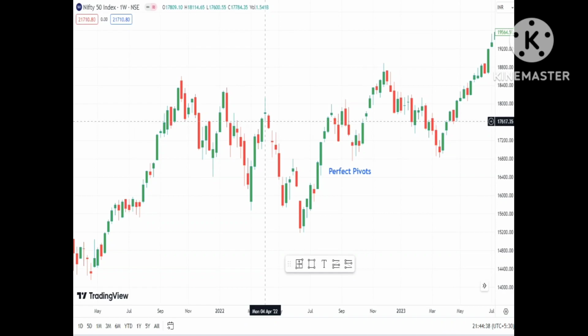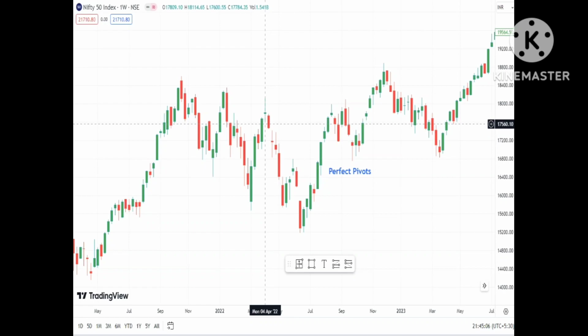The main thing to observe here is that the highs of the first and the third candle should never be above the high of the middle or main pivot candle, and the lows of both these candles should be below the low of the middle pivot candle.